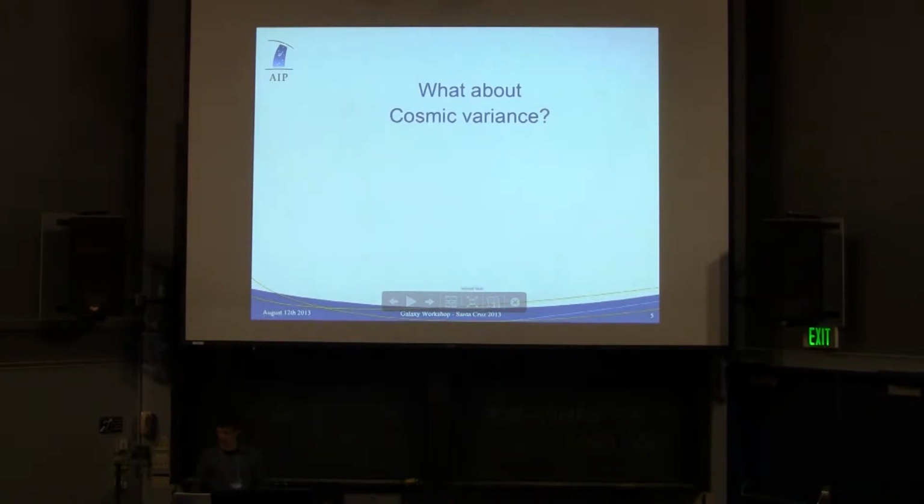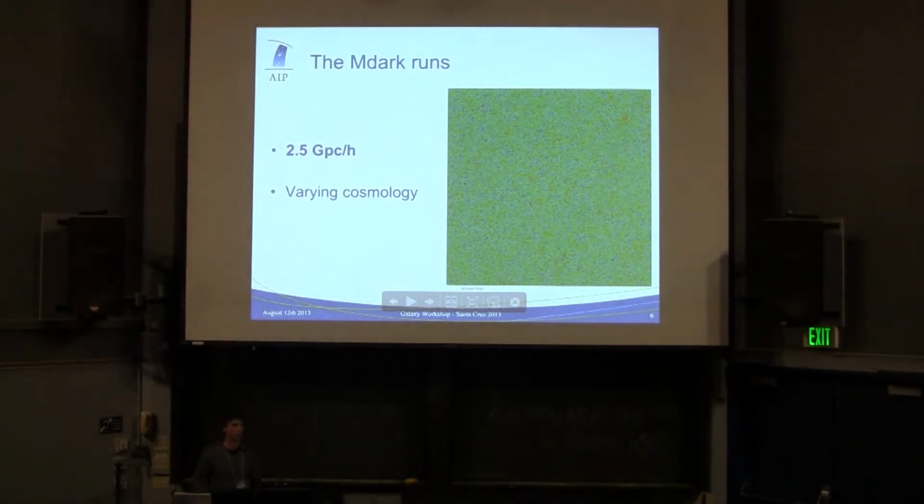And what you can do is you just run very big simulation boxes. So this is the Multidark project. So you go to gigaparsec boxes, and we did. In this 2.5 gigaparsec box, we vary cosmology.